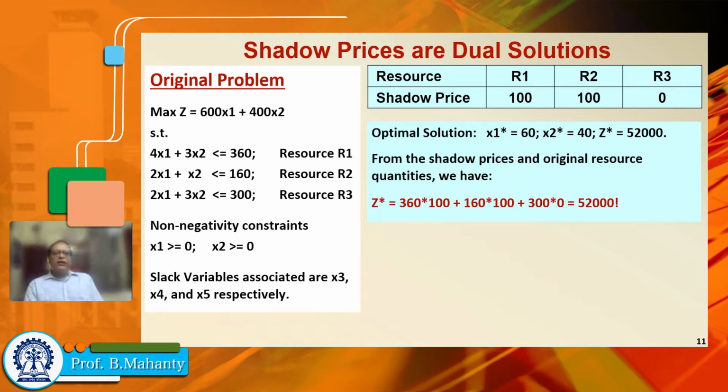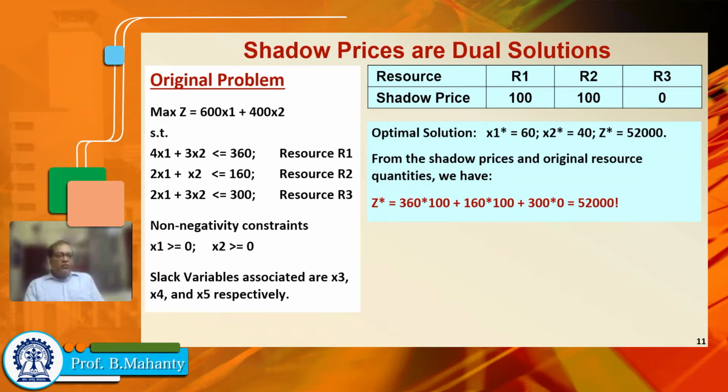Right? So you see, if we look at the shadow prices, from there also we can find out at least the Z value of the optimum solution. In fact, the shadow prices are dual solutions. As I said, this original problem, which is a maximization problem, is associated with a dual problem, which will be one of minimization.